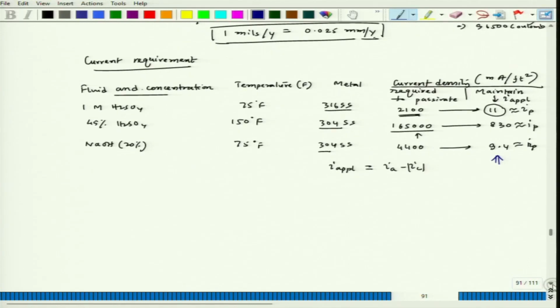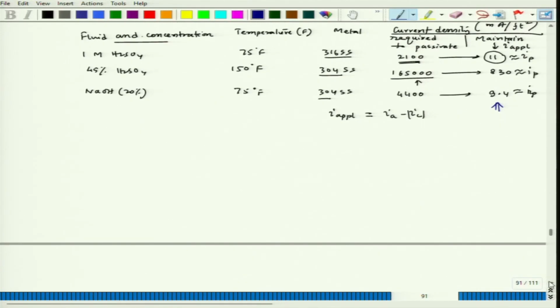Now, we can talk about some differences between ICCP and sacrificial anode, the two modes of protection in case of cathodic protection. See, if we try to look at those differences, we can pinpoint some of them from the design aspects.